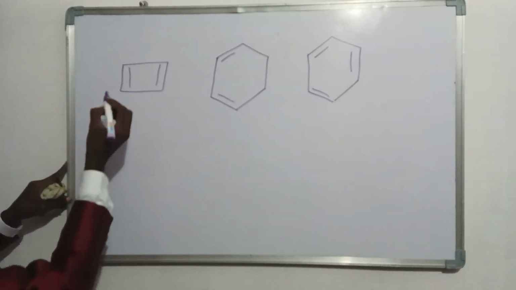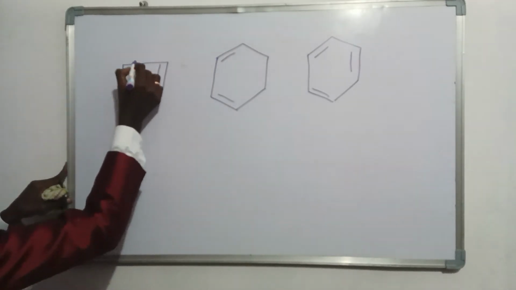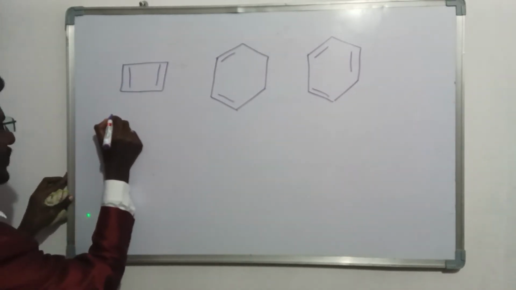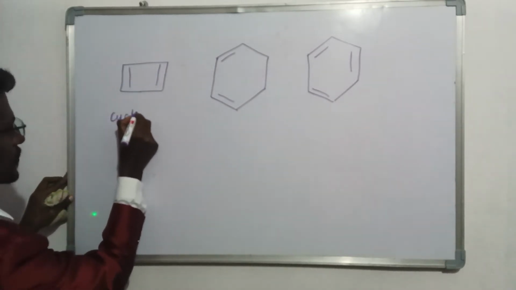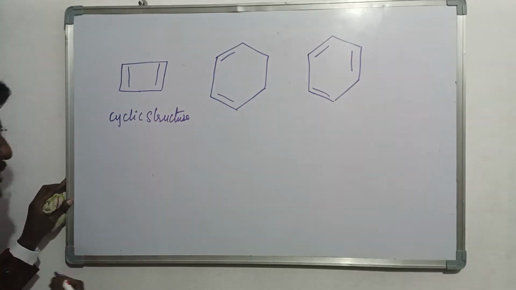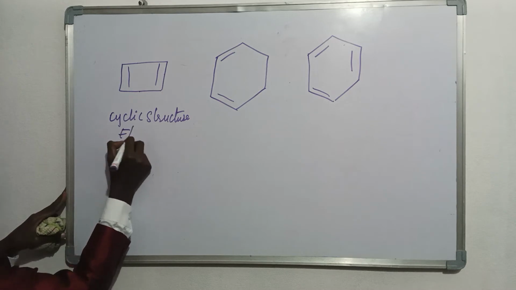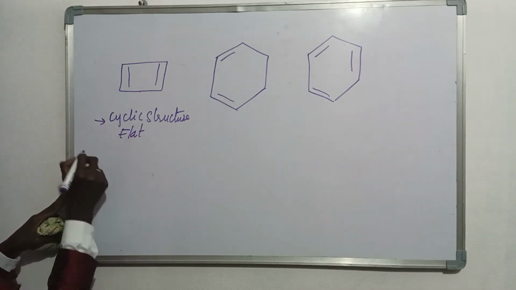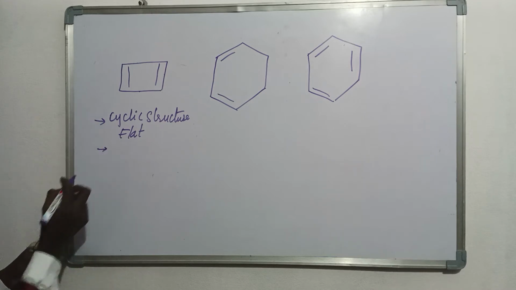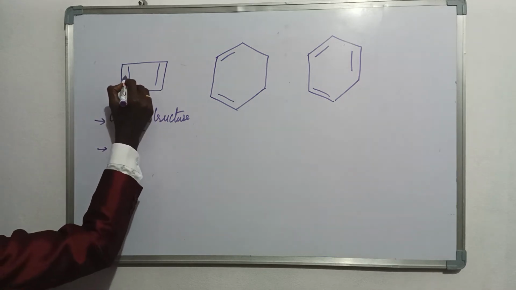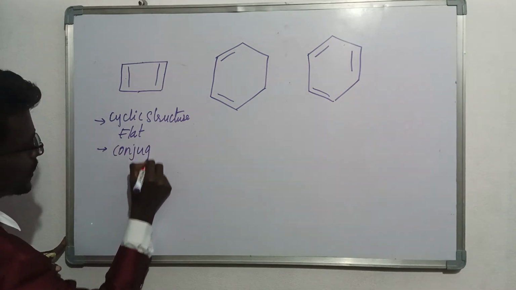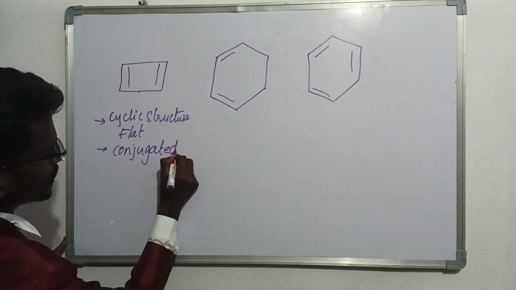For example, single bond, double bond, single bond, double bond. So it is cyclic in nature. The first one is a cyclic structure, and it has a flat structure, so it satisfies this one. Next is the alternating conjugated system: single bond, double bond. So it has a conjugated system.